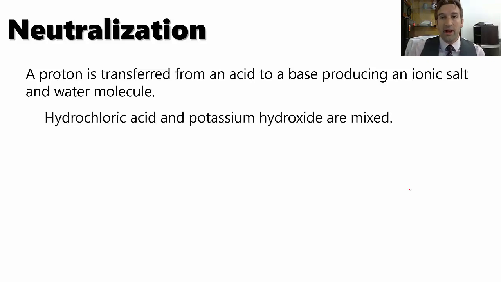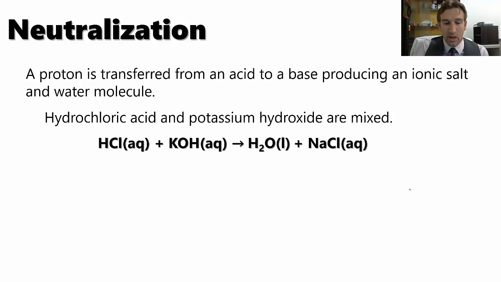We have hydrochloric acid as a starting point and potassium hydroxide. Now remember, hydrochloric acid is actually ionized. It's not going to be a molecule in solution. And it is going to be combining with potassium hydroxide, which is, again, ionized. It's a strong base. So if I look at this visually, I have another clear solution and another clear solution, and I mix them.